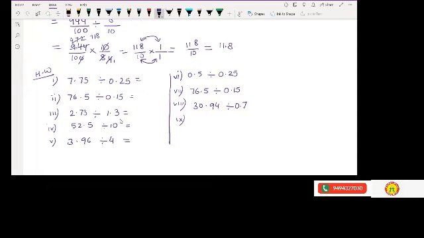9th question is divide 1446.9 by 6.1. So that's another way of asking the question. Okay. Now 10th question I'm writing here. It's a statement sum.